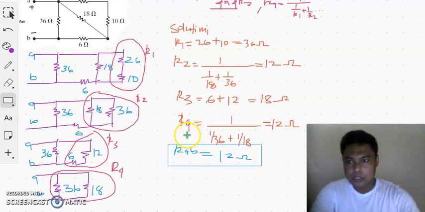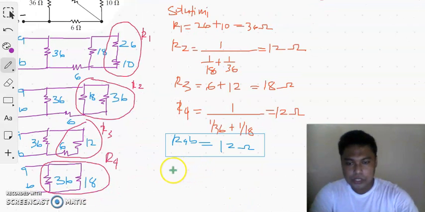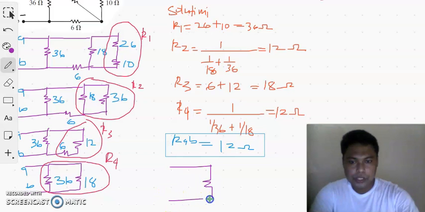And then if we're going to redraw the equivalent total circuit, it goes on this figure. So this is 12 ohms. This is EB, so this is the total resistance.